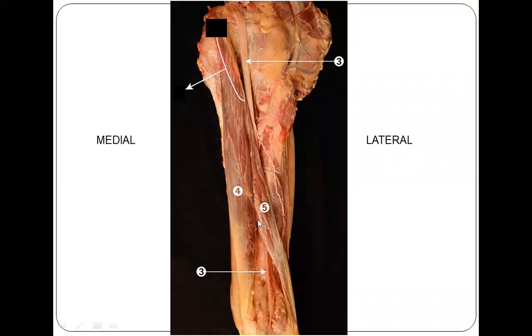What about this muscle labeled as 4 first? The muscle labeled as 4 forms the superomedial boundary of the popliteal fossa. So what is that muscle? And it has a long tendon here. That's another clue. Semitendinosus. Good. What about this muscle labeled as 5?